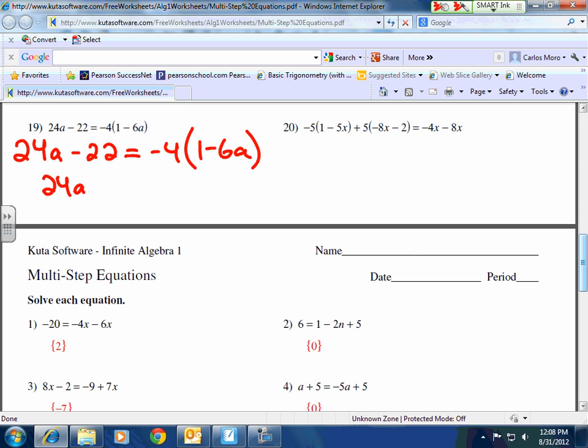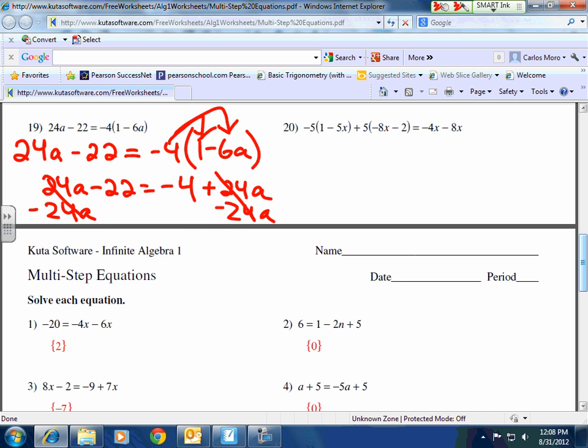So 24a minus 22 equals, you're going to distribute the negative 4 to everything inside the parentheses, so that's negative 4 plus 24a. Combine like terms on both sides, which I don't have. Get the variables together on one side. I can do that, so I'm going to subtract 24a from both sides.